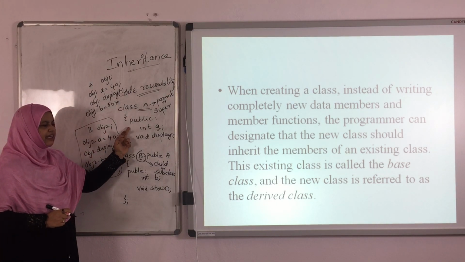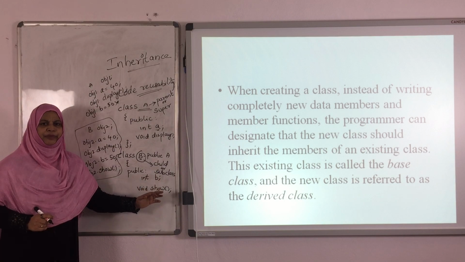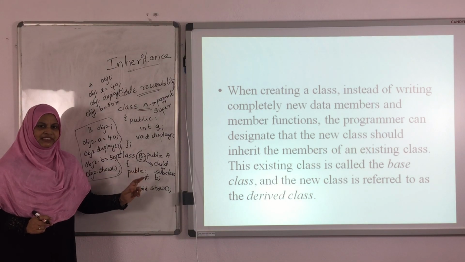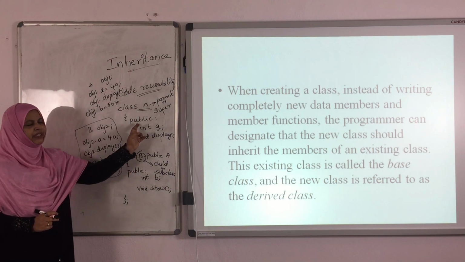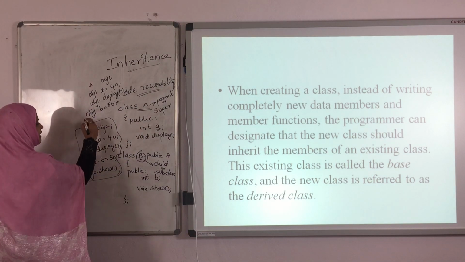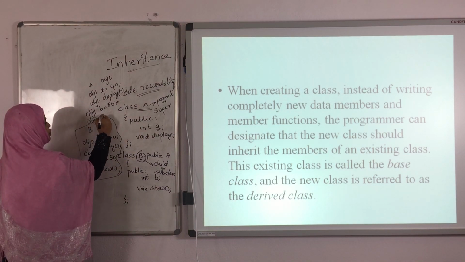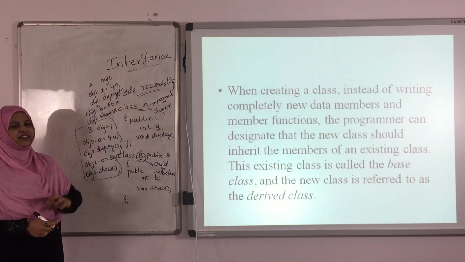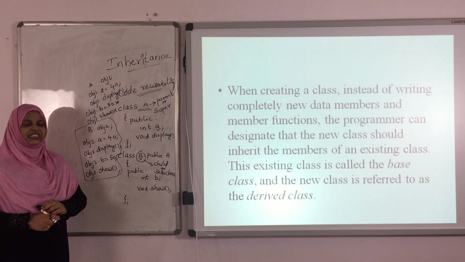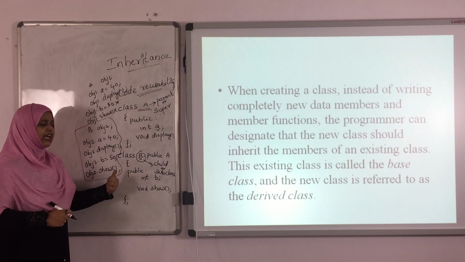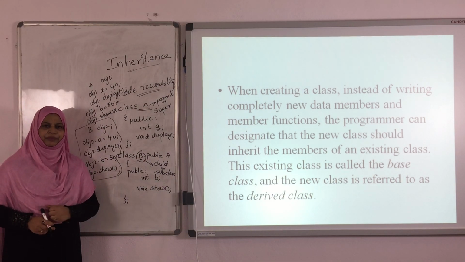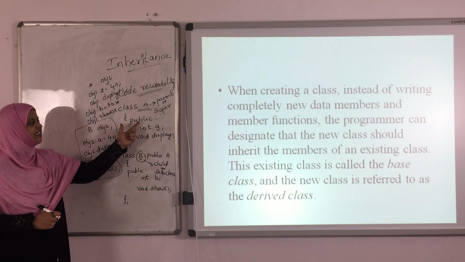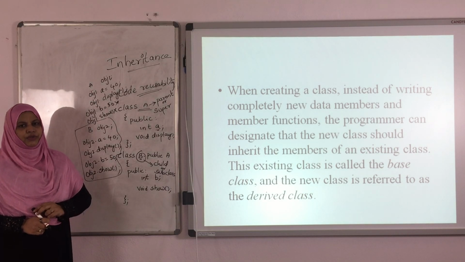Because the superclass is not going to inherit the properties of its subclass. Only the subclass inherits the properties of its superclass. So obj1.show: no, we can't access the show function and b variable by using the object of its superclass. We can use the object of the subclass to access the data members and member functions of its superclass.